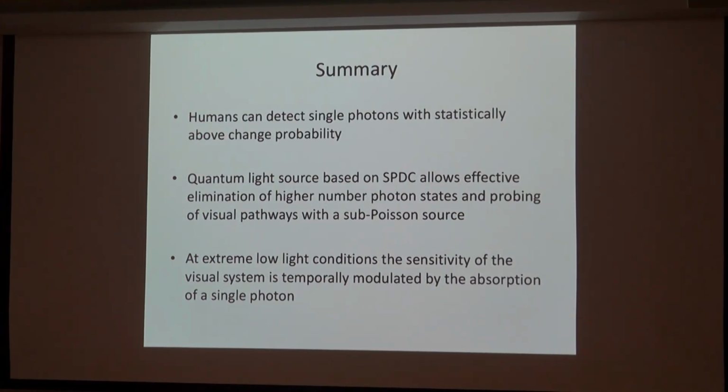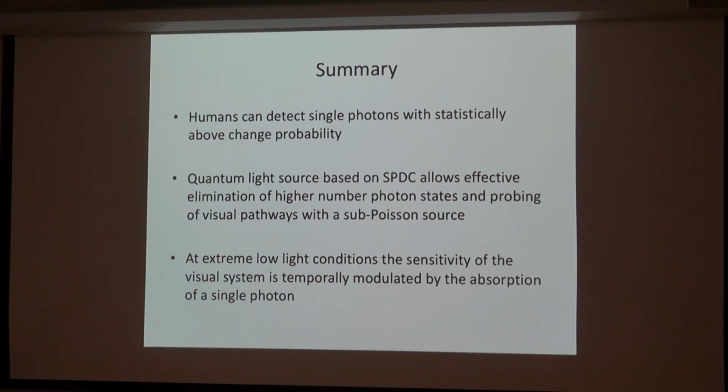At extremely low light conditions, the sensitivity of the visual system temporally seems to be modulated by the absorption of a single photon. What the real circuit mechanisms are that facilitate that, and what it means for the biological system, is still unclear, and we would like to follow up on that.